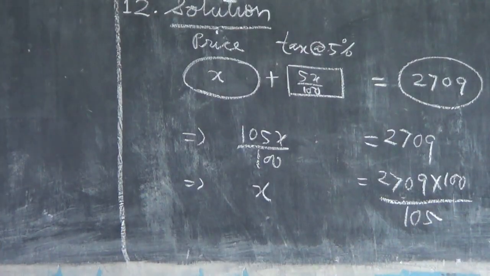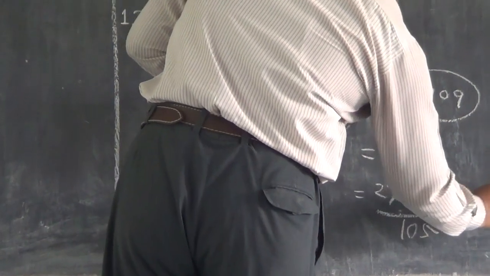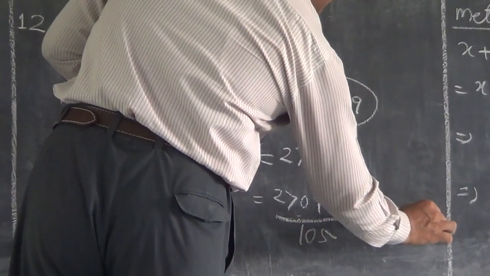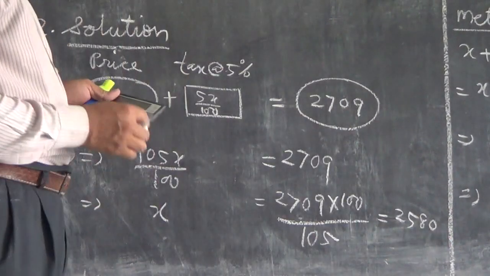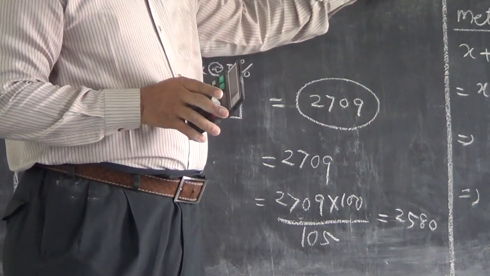So we can get the value of x, 2580. So this is the price of the cooler.